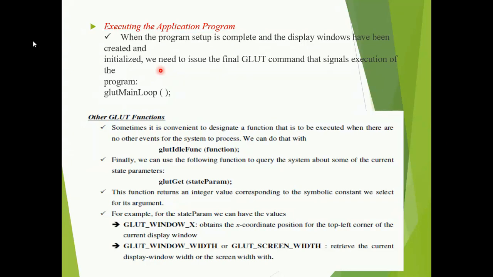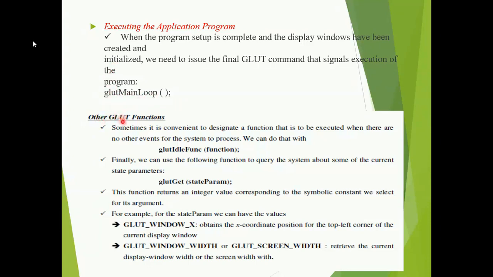It is a continuous process because there will be a refreshing of the screen continuously occurring. That's why we need to show the elements on the screen in a continuous manner. So that's why we have a loop there, to execute your program in a continuous manner until you give an interrupt, maybe through a mouse or a keyboard. So this is about executing the application program.